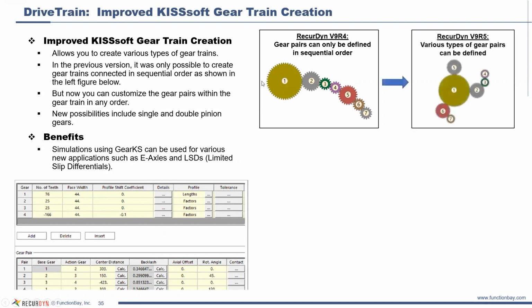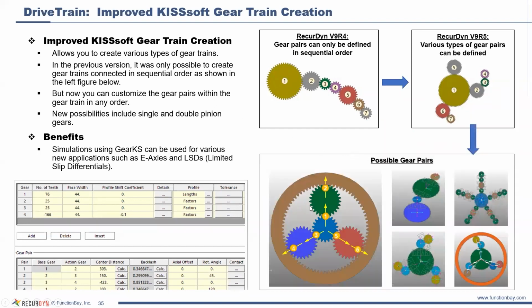But now, using the new dialog controls, you can define the gear pairs individually. And so this opens up the possibility of defining more complex types of gear trains.